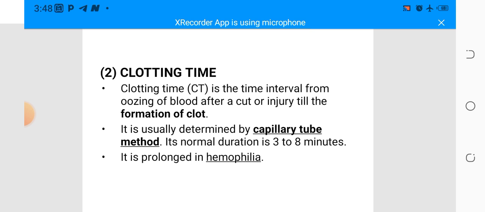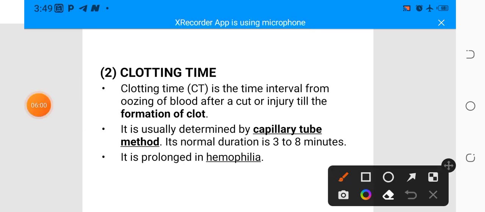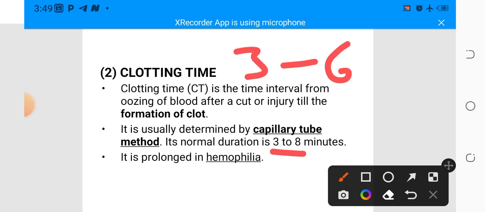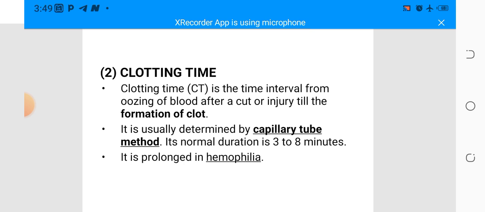But clotting time is the time interval from oozing of blood after a cut or injury till the formation of a clot. That's why when you look at this difference, the time is 3 to 8, but for bleeding time we say it is 3 to 6. They are somehow similar.